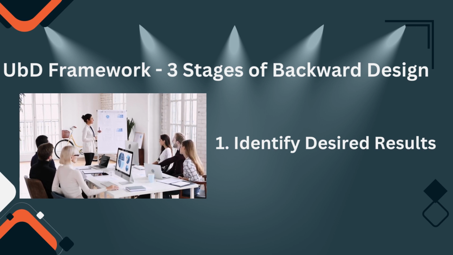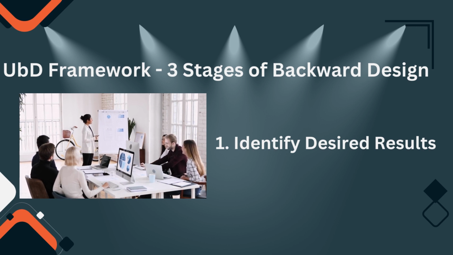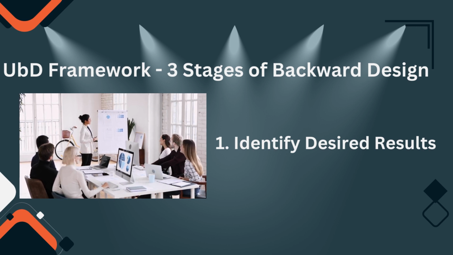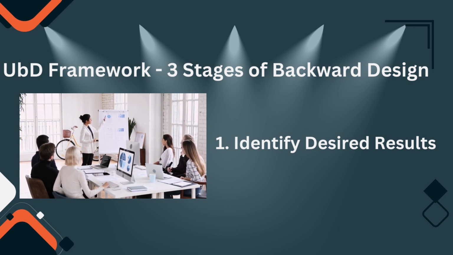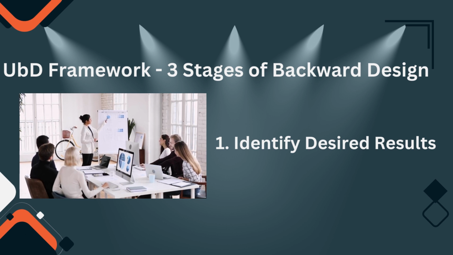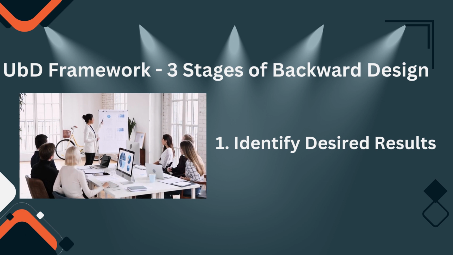Key questions that should be asked include, but are not limited to, the following: what should students know, understand, and be able to do? What is the ultimate transfer we seek as a result of this unit? And what enduring understandings are desired? What essential questions will be explored in depth and provide focus to all learning?